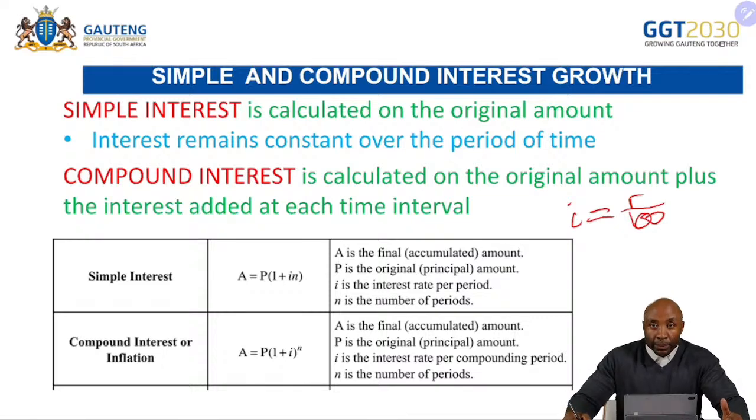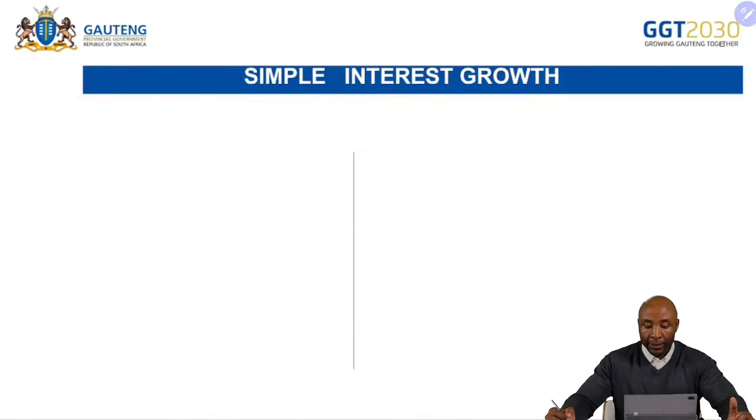It will only represent the number of years when we are dealing with inflation, because that is the one that is calculated in years. But you will see the difference as we answer the questions. Please, let's move on to the next part.